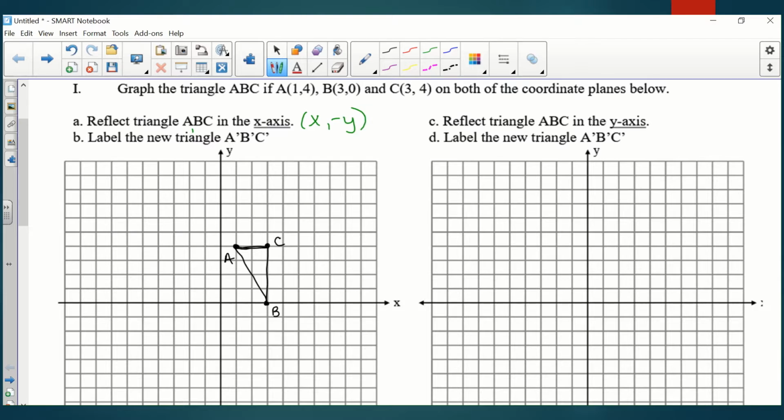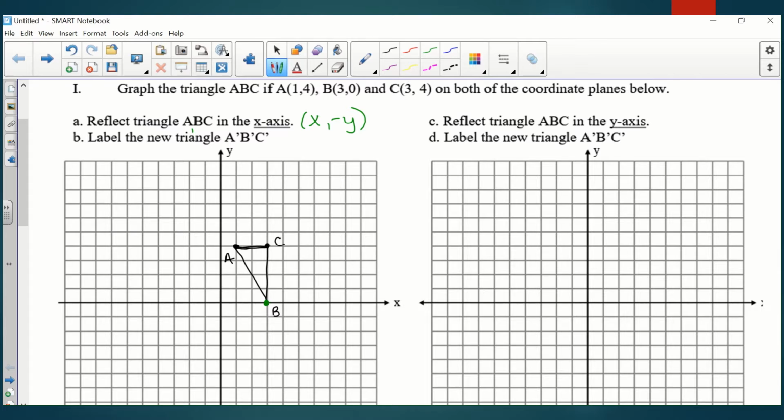So that's the rule. But again, if you don't remember the rule, just think about taking the x-axis and bringing every point the same distance from the x-axis just on the other side. So B is actually not going to move. It's sitting right on the x-axis, so B is going to stay put.